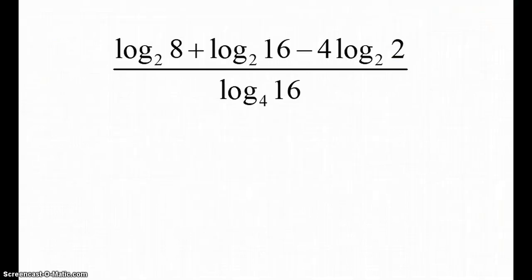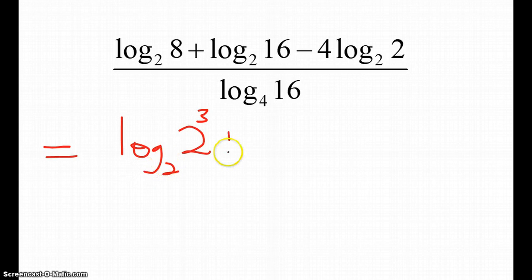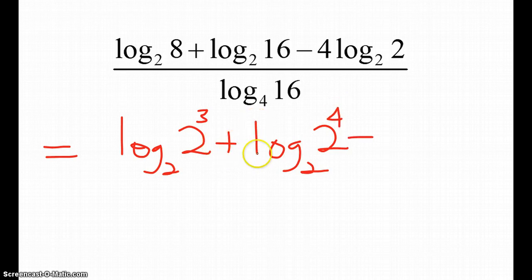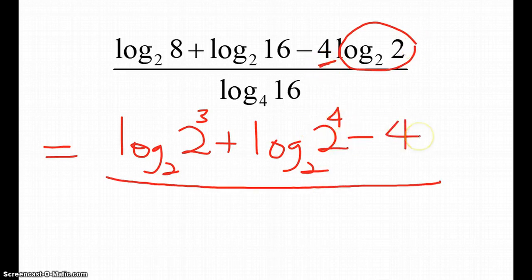Now, in solving this question, I'll prefer doing this. Change this 8 to 2 exponent 3. Then change 16 also as 2 exponent 4. Minus, now here you can see that already we have log base 2, so that will give us 1. 1 times the 4 here will be 4. Everything here is divided by log base 4.